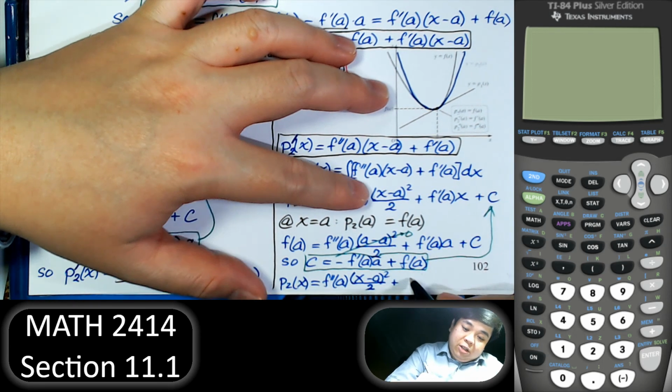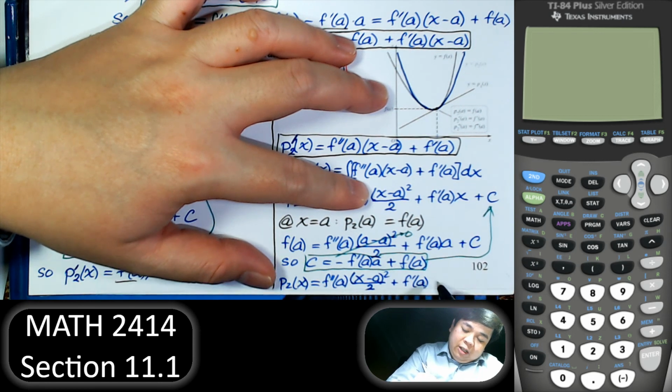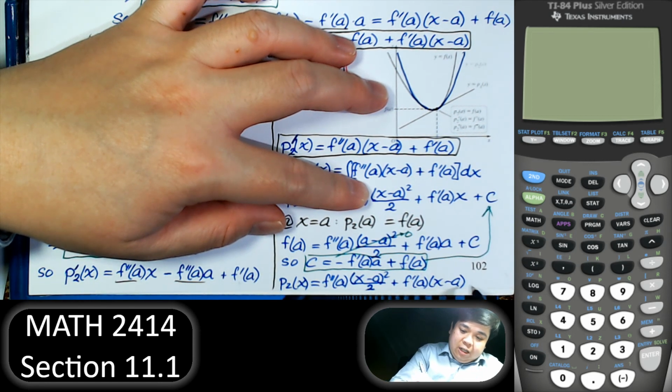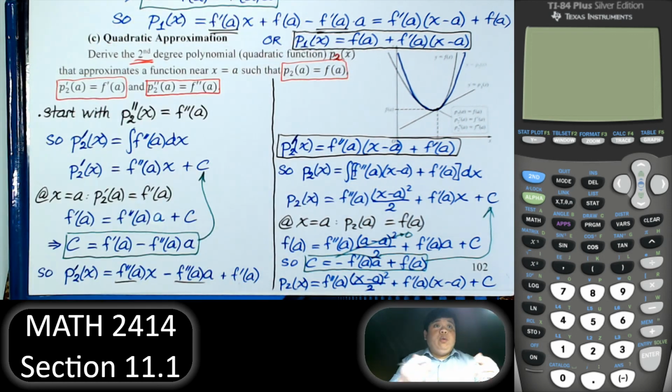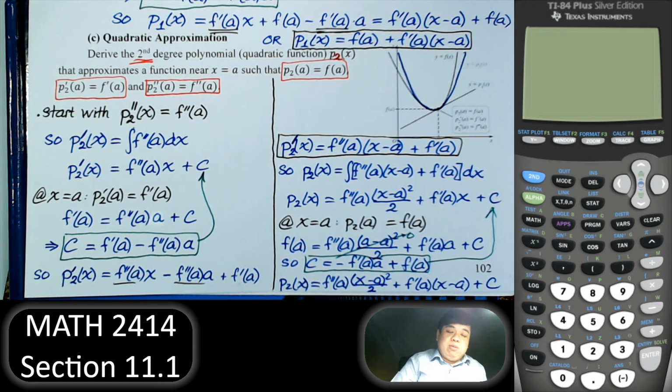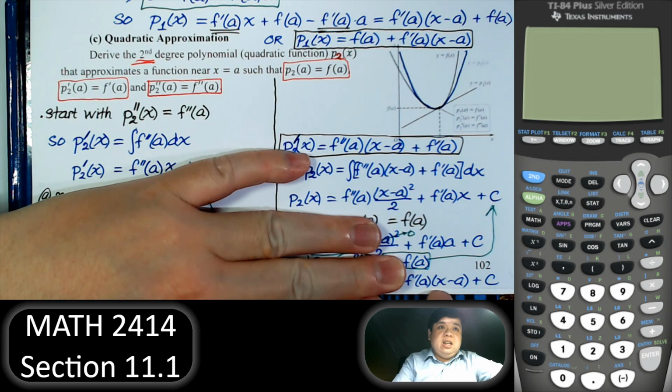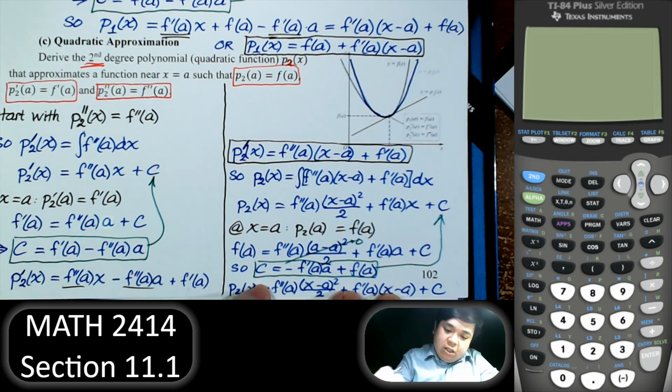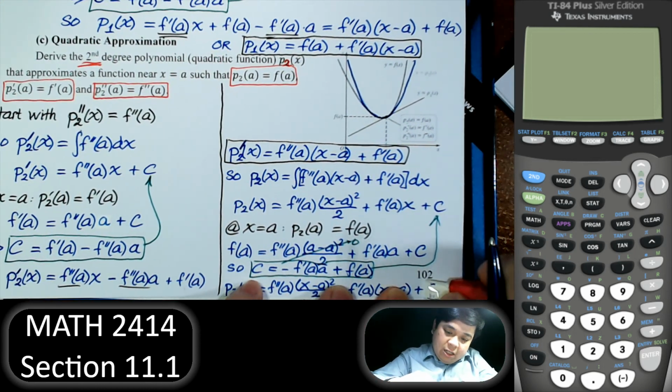And now we skip a step and we have the derivative times (x minus a) and then plus f of a. Later on there will be just a formula for this, so we don't have to derive this every single time. But that's what we have.